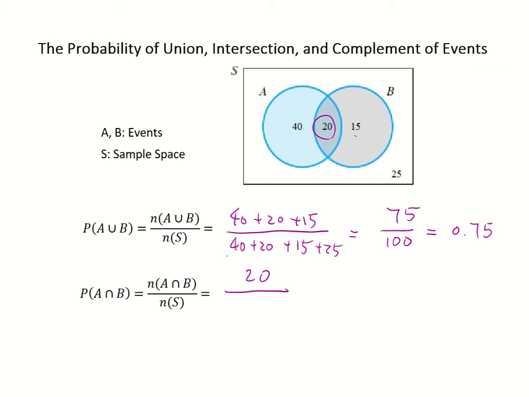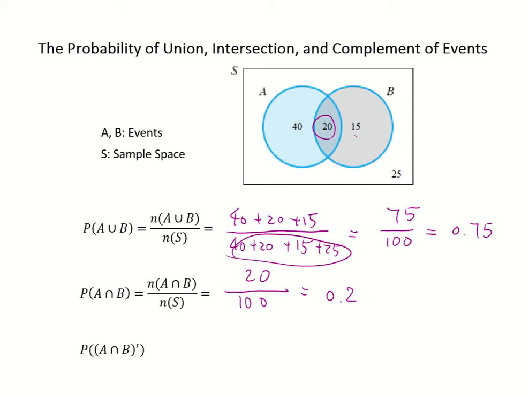And from here, we know the number of elements in the whole sample space is 100. So here we have 0.2 as the probability of the event A intersect B.